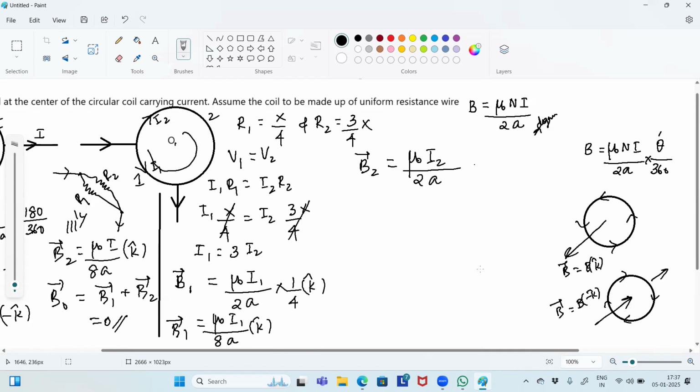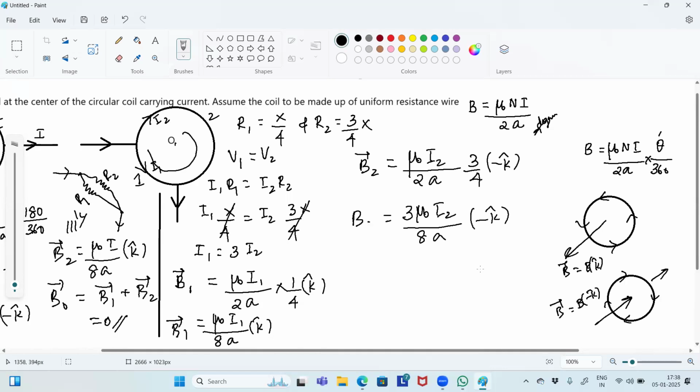But it's only 3 by 4th, 270 degrees. 270 by 360 you cut, or 3 by 4th of the circle. The current is clockwise, so the magnetic field is into the paper, minus k. So this value will come as 3 times mu 0 I2 by 8a along minus k cap.